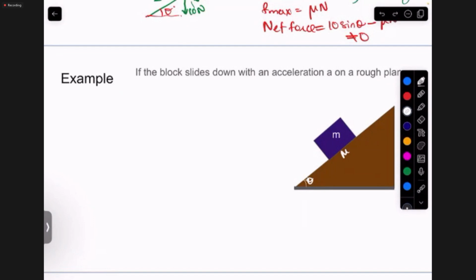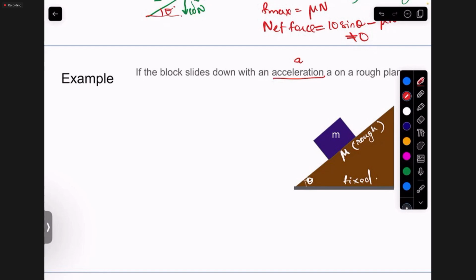So mu is there means the rough surface. This block is having a mass of m, and it's a fixed inclined plane. The inclined plane is having an inclination of angle theta. Now you need to find the acceleration a of the block.